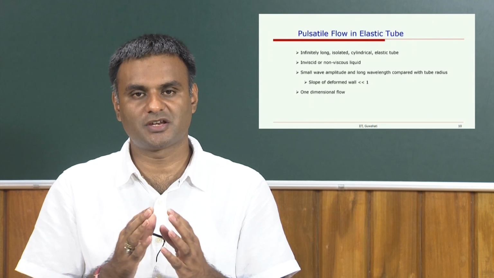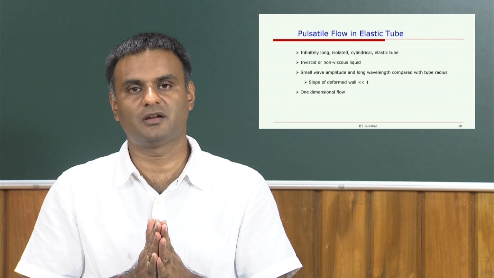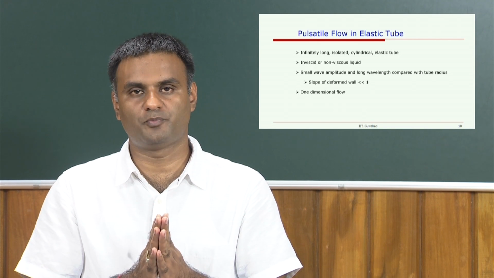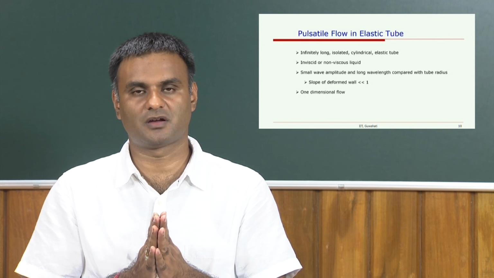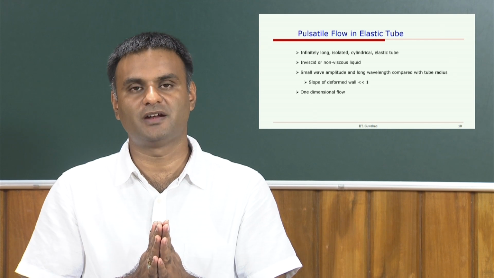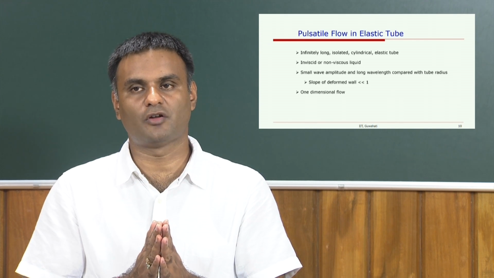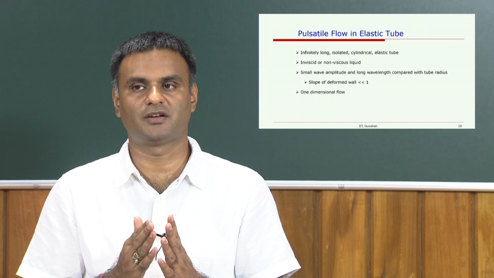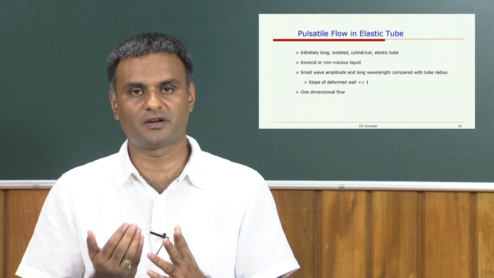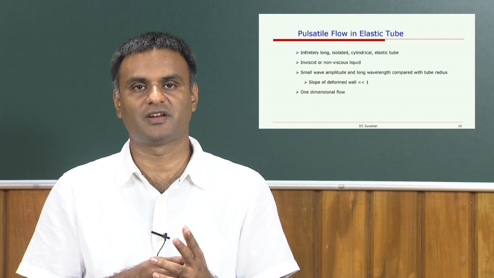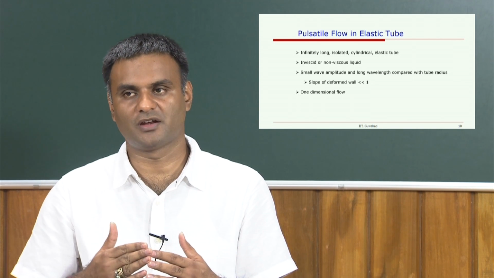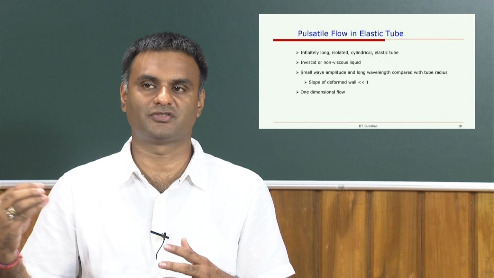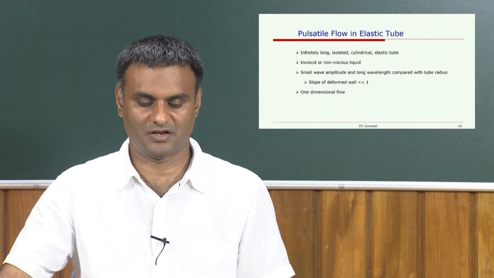So the objective here is to obtain the speed of this pressure wave, and then eventually we will obtain a wave equation which can be solved to find the pressure profile as well as the velocity profile, or pressure as a function of x and t and velocity as a function of x and t.